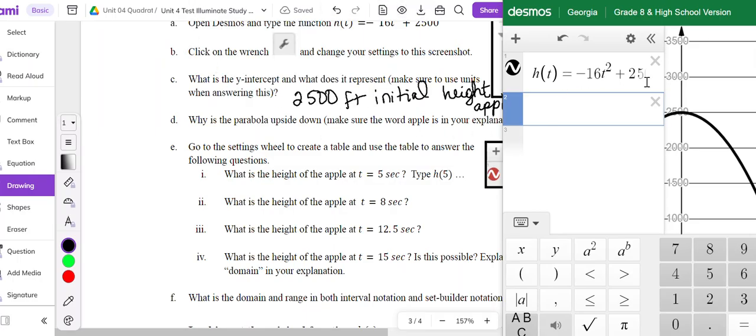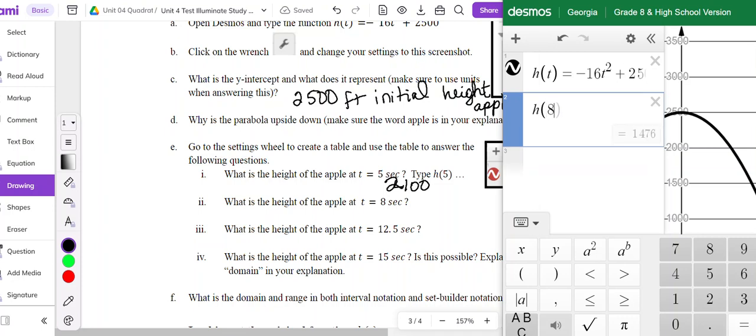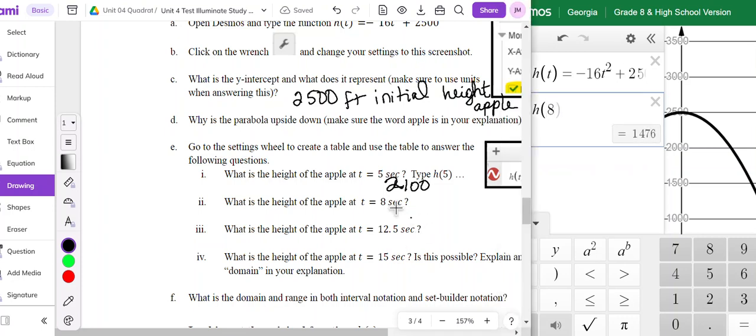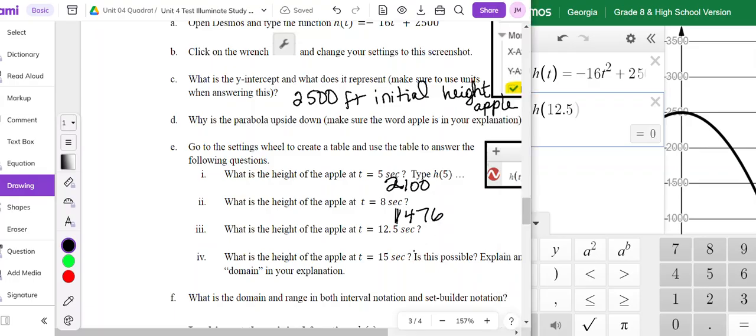Okay, so I went to Desmos. It says go to the settings wheel to create a table to answer the following questions. Another way of doing this is just to do, since you have t, h of 5 will give you 2100. h of 8 will give you 1476. h of 12.5 gives you 0.